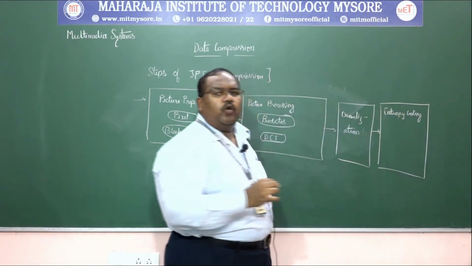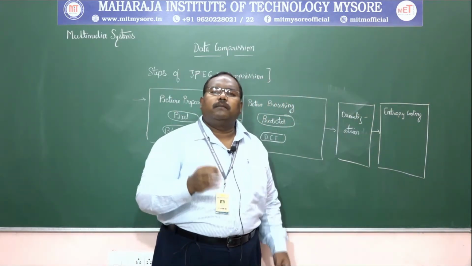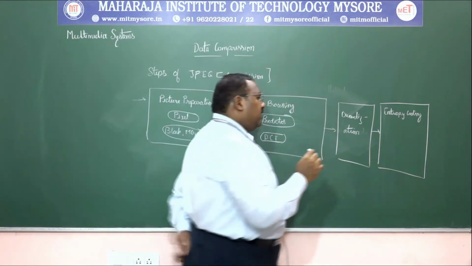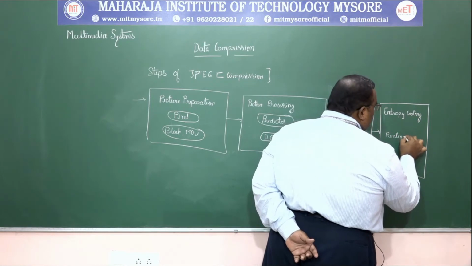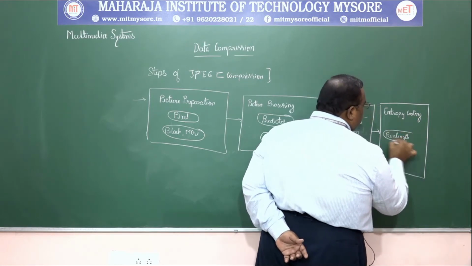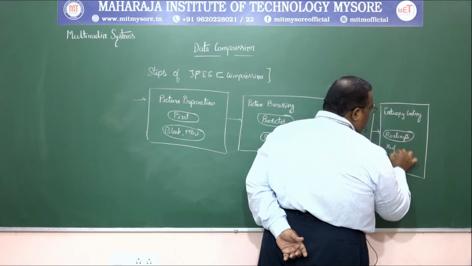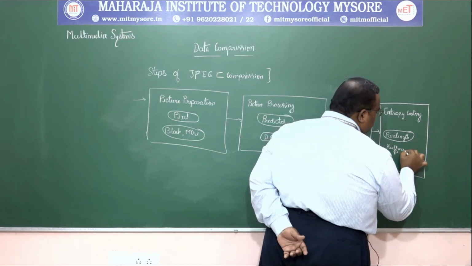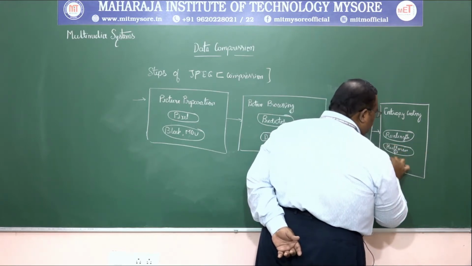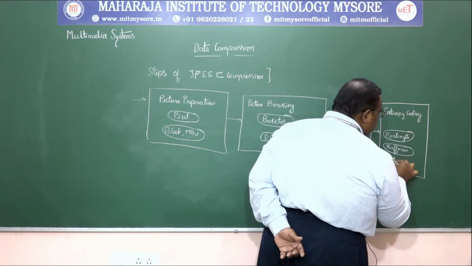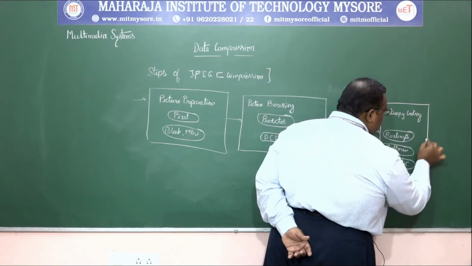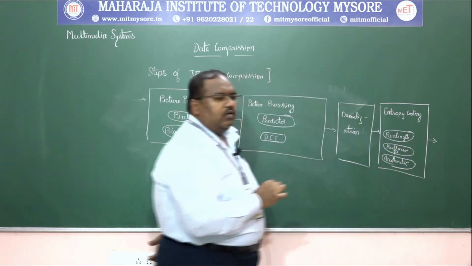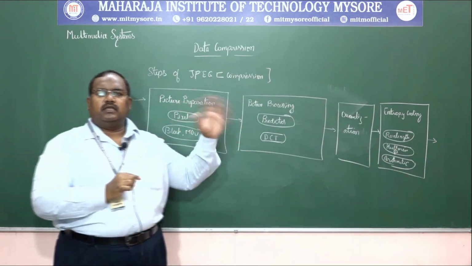So when we have an entropy coding here, we can use the basic three kinds of algorithms we have discussed, that is run length, Huffman, and arithmetic, and finally we get a compressed image.